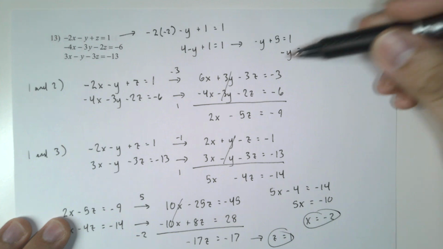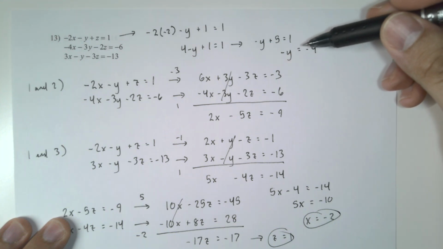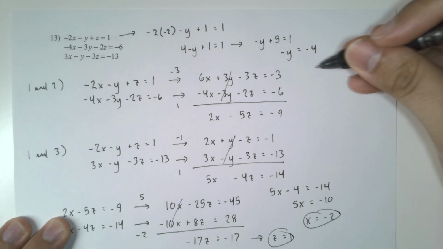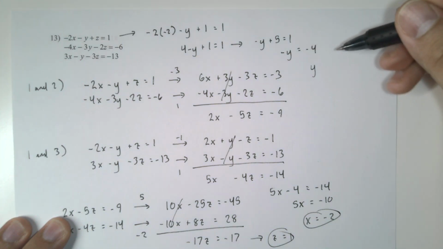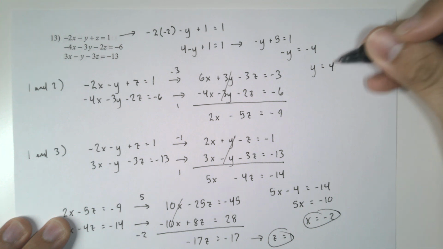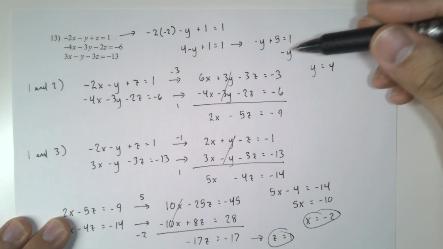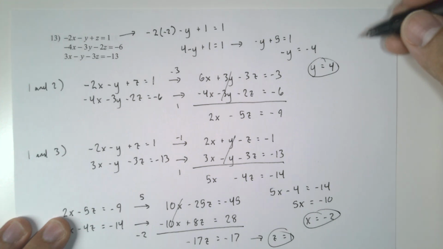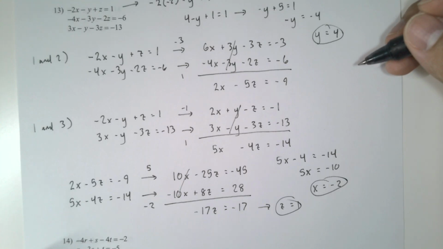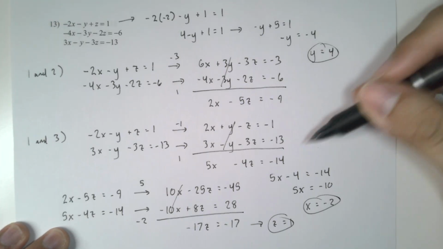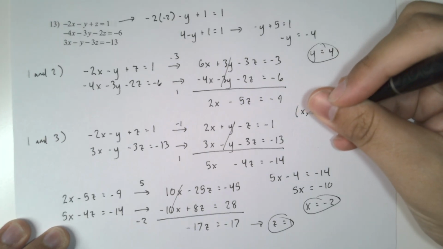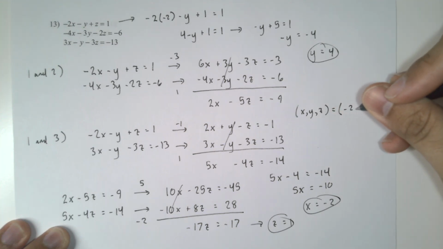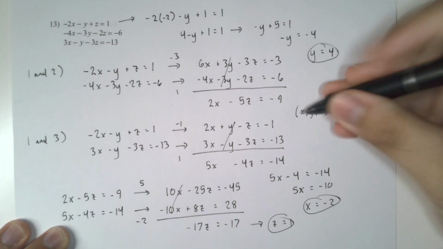Remember, if you have a negative variable and a negative number, just flip the signs on both sides. You can also think of it as dividing or multiplying by negative 1, but sometimes it's easier to remember to just flip the signs. So now we can write all of our information as a coordinate: x, comma, y, comma, z is equal to negative 2, 4, and 1.